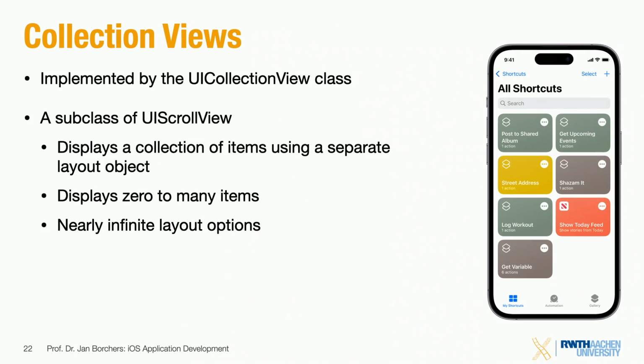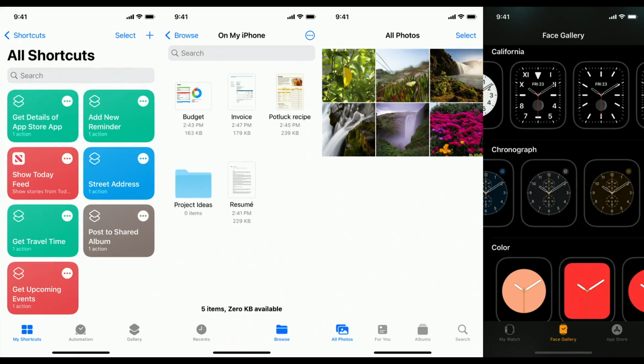And while a table view is rather straightforward in the way what information you're showing, a collection view is there more flexible, giving you way more options for the various setups that you have. So a couple of examples that are included in iOS already.